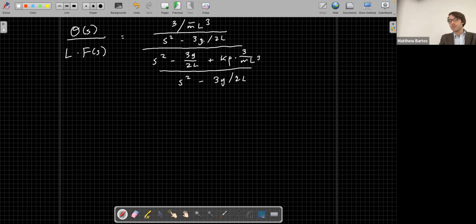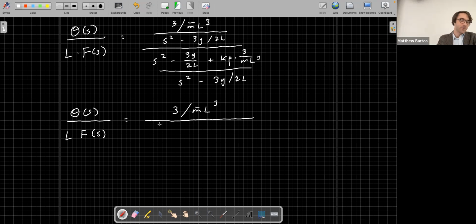Okay, so you can see that this denominator here and this denominator here are going to cancel out. And so the final expression you end up with for our closed loop transfer function is the following. Theta s over L times f of s is equal to 3 divided by m bar L cubed divided by s squared plus quantity kp times 3 divided by ml cubed minus 3g over 2l.